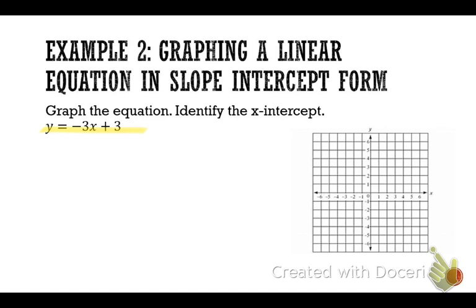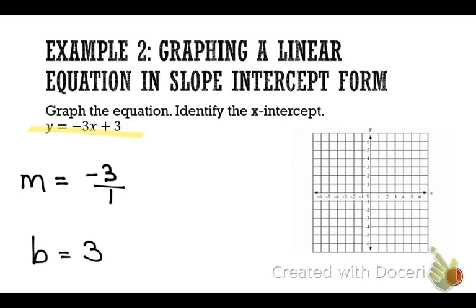M equals and b equals. What does m equal, guys? What does b equal? 3. Now, at the beginning of the lesson, and I'll show you in a minute why I put negative 3 over 1. At the beginning of the lesson, we called b what? B is the, I heard it, the y-intercept.